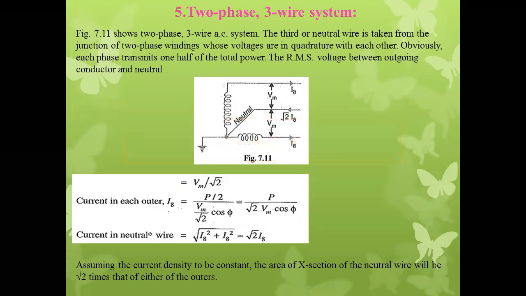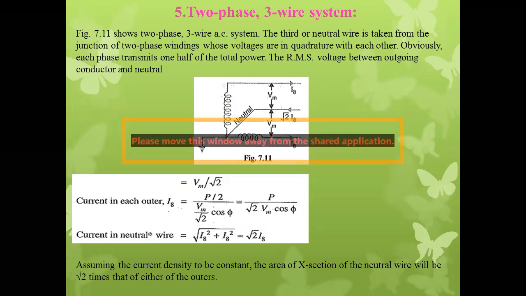How is it found? Under root of I8 square plus I8 square, which is under root of 2 into I8 square, that is root 2 into I8. Remember this for numerical purposes.